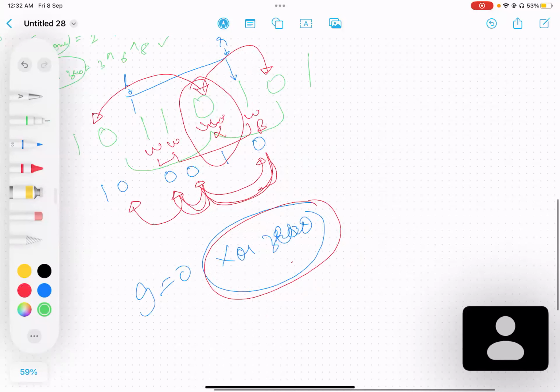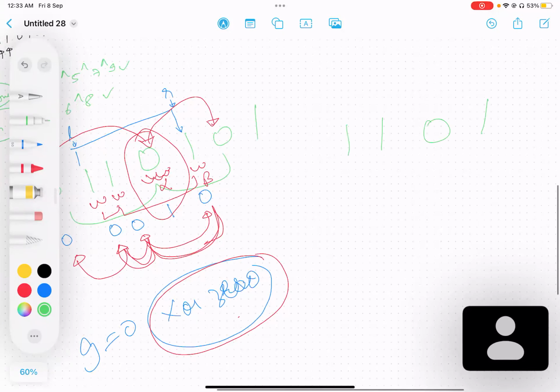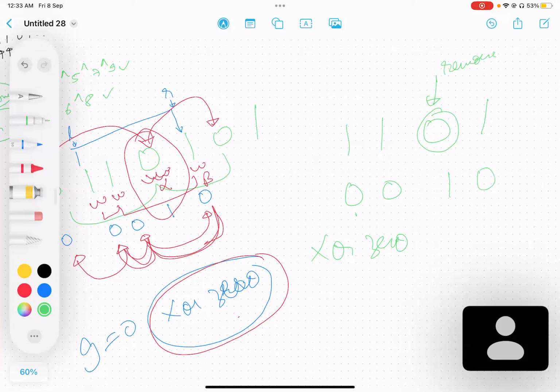Let's write here once again, 1101 was there. The XOR 0 which you were having had the contribution of this part, but when you flip it, this will become 0010, right? So we need to find a way to remove this contribution and add this contribution.